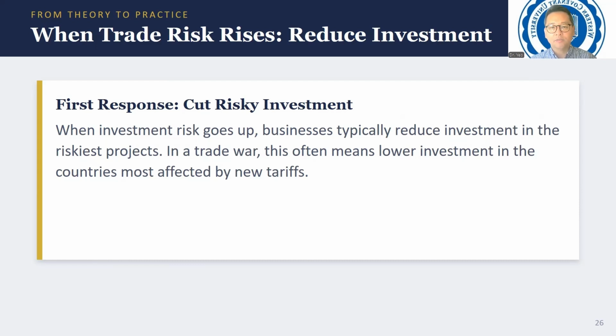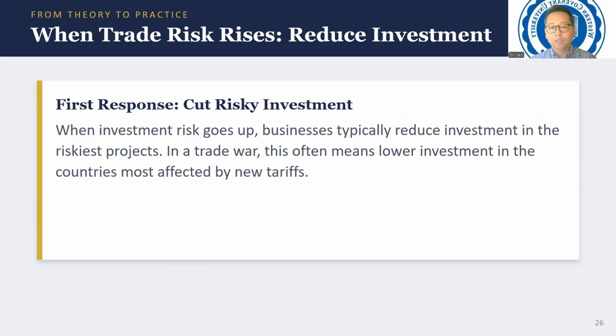This makes sense from a risk management point of view. If tariffs might rise sharply, you can look at the phenomenon of trade between US and China.